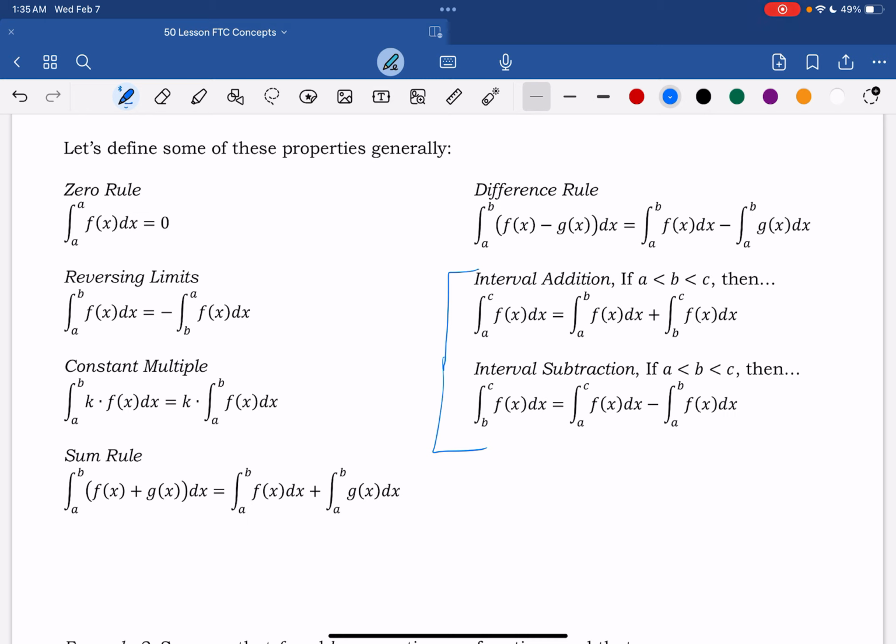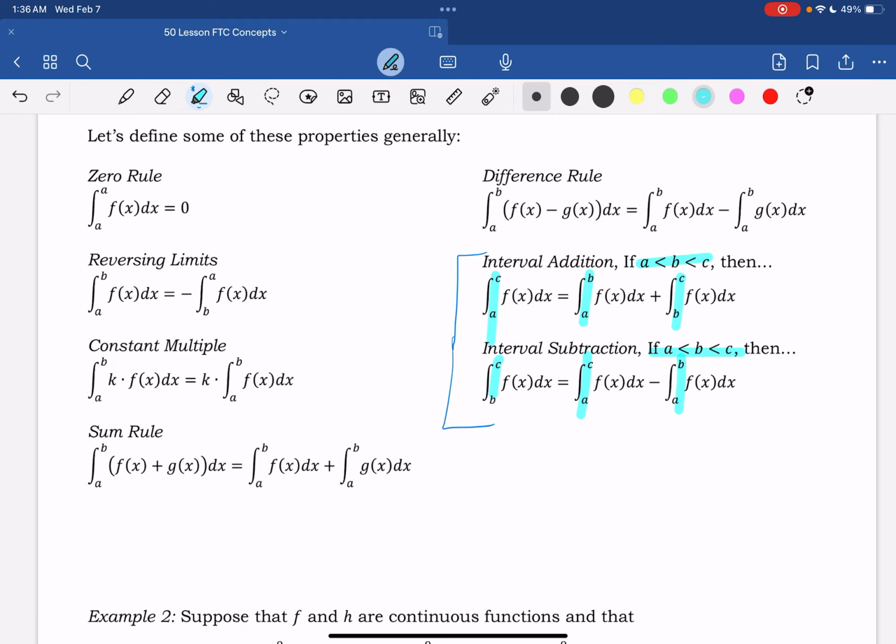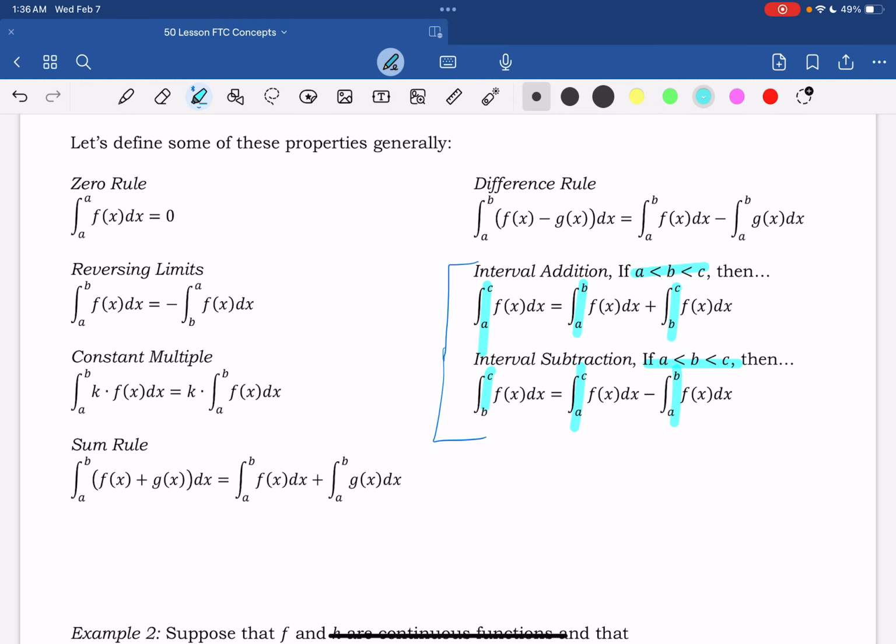What you want to pay attention to with these is making sure that, based off of these inequalities, the bounds are matching up the way that you think they should. All the rest we've been using for quite a bit, whether graphically or doing the antiderivatives.